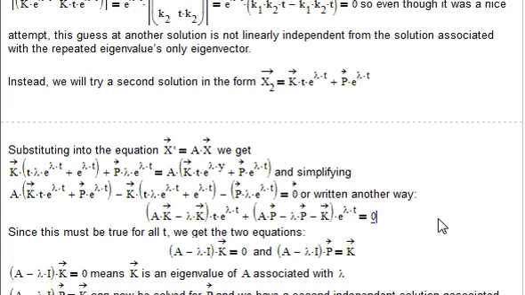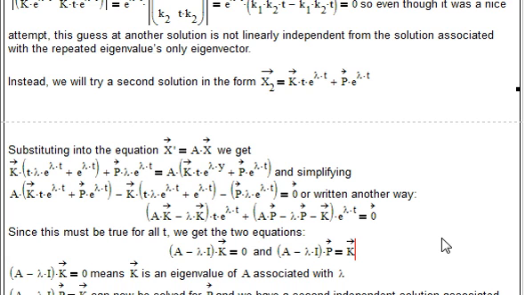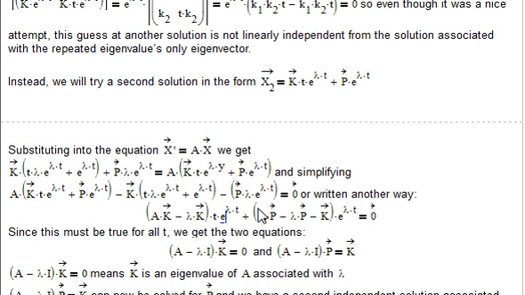There. And so that means there can't be a t e to the lambda t, and there also can't be a lambda e to the lambda t. And if that's the case, then we've got the fact that this is 0, but we already have an eigenvalue and an eigenvector associated with it.